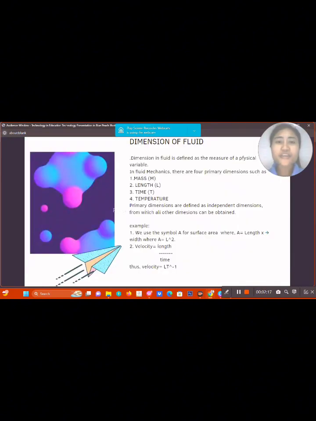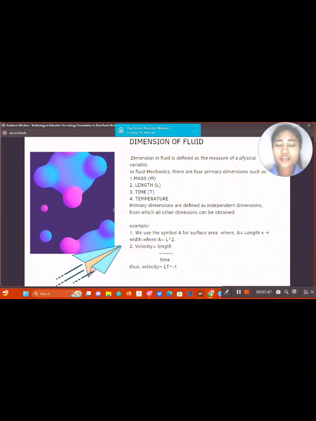So we have here the dimensions of fluid. A dimension in fluid is defined as the measure of a physical variable. In fluid mechanics, there are four primary dimensions: mass, length, time, and temperature. These primary dimensions are independent dimensions from which all other dimensions can be obtained.